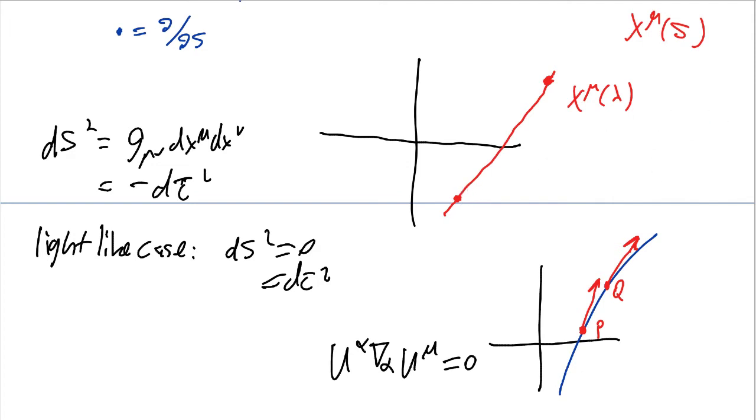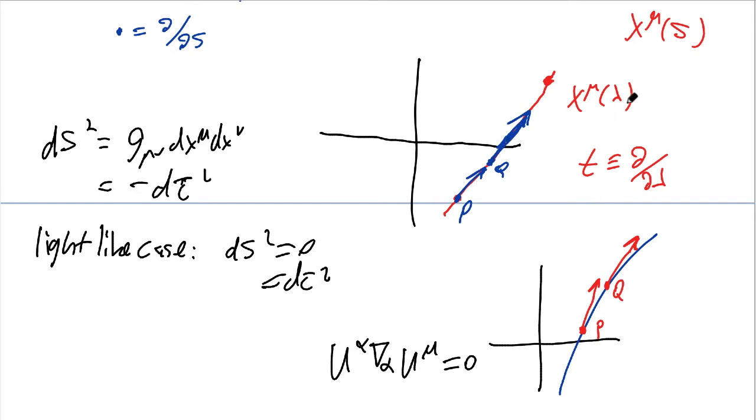We can introduce the tangent vector, let's call it T, as d by d lambda. So here's the tangent vector at one point, here's the tangent vector at another point, and we can demand that when we parallel transport this vector back to this point, say from point Q to point P, the two vectors don't actually have to coincide with each other, but it's enough that the vectors be pointing in the same direction.